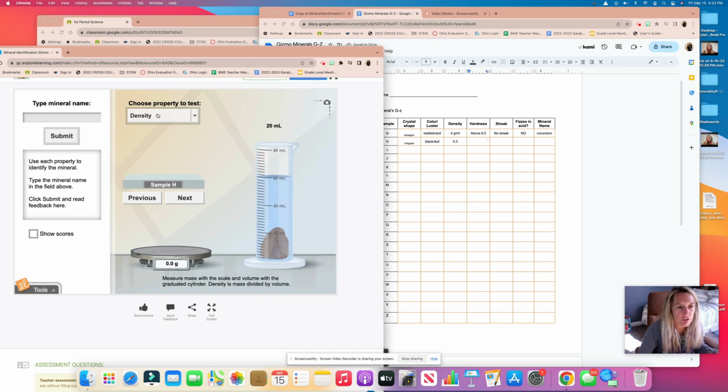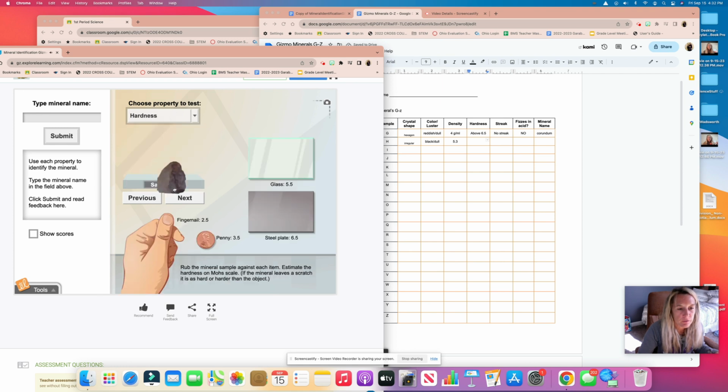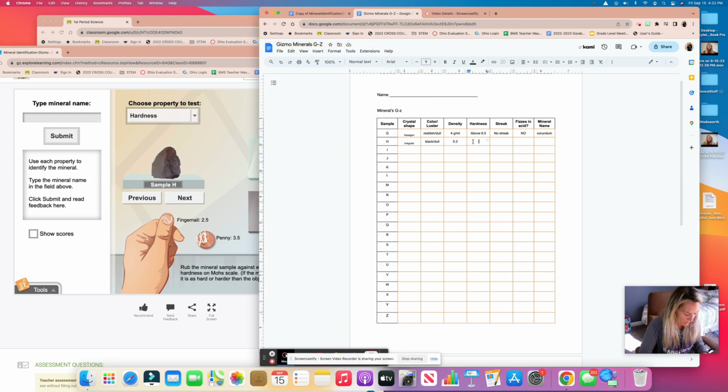All right, let's check hardness. Yes, it scratches the fingernail, so it's harder than the fingernail. Definitely scratches the penny, it's harder than the penny. Scratches the glass, it's harder than the glass, but does not scratch the steel plate. So it's got to be between a 5.5 to a 6.5.